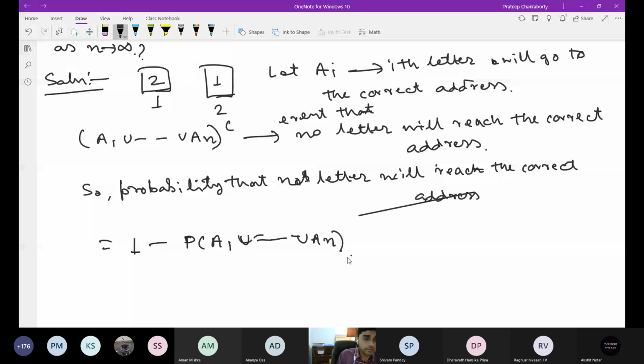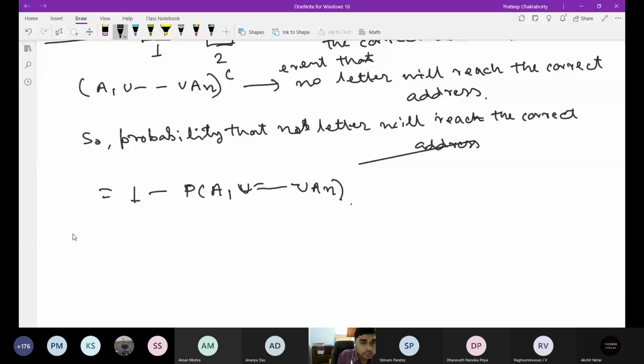Now we have to use the derived formula. So what is P of A1 union AN?